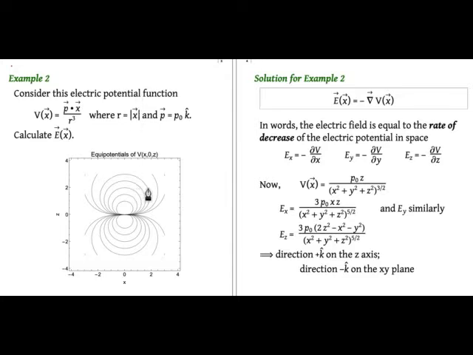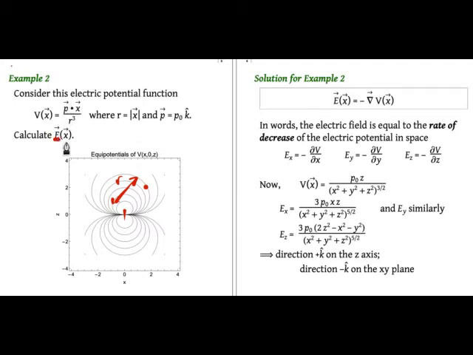So I come out here at some point x. Here's the origin. Then this distance is r. And the vector x is just the position vector relative to the origin.